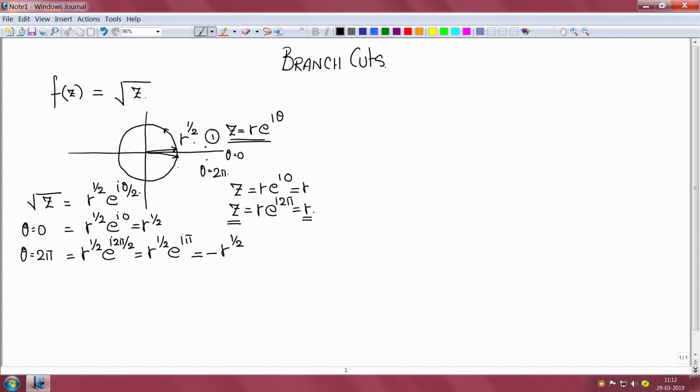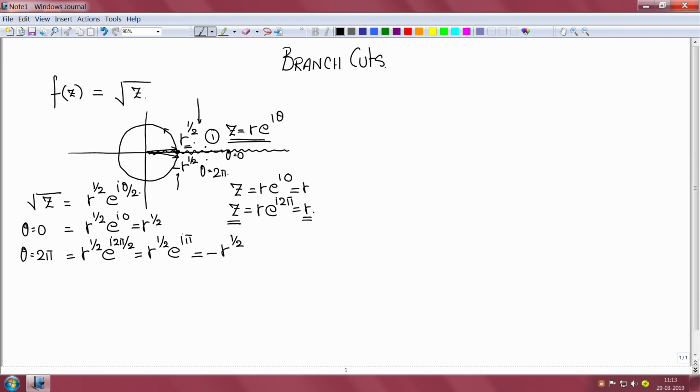So here I get minus r to the power half. As we approach from above the x-axis, we get r to the power half. As we approach from below, we get minus r to the power half. So this line is a line of discontinuity.